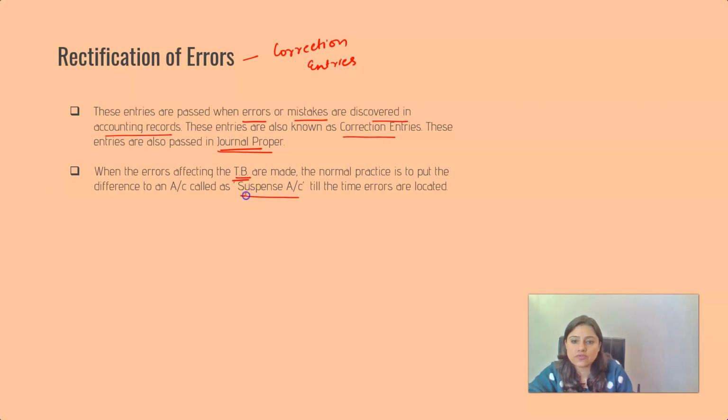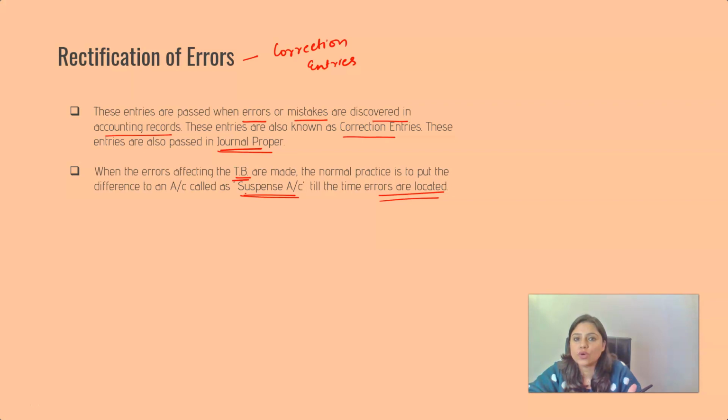All such differences are put together in the suspense account until the errors are located. As soon as the errors are located, such transactions are moved from the suspense account to the respective account.